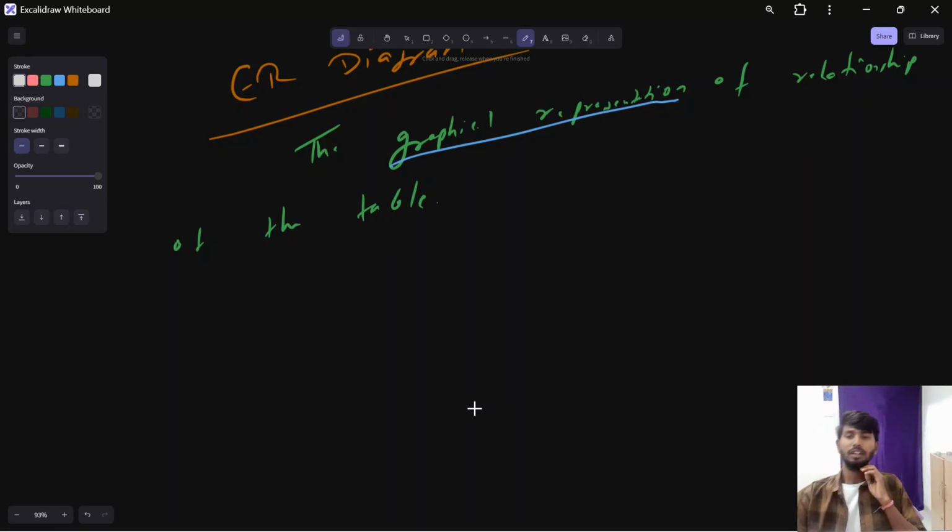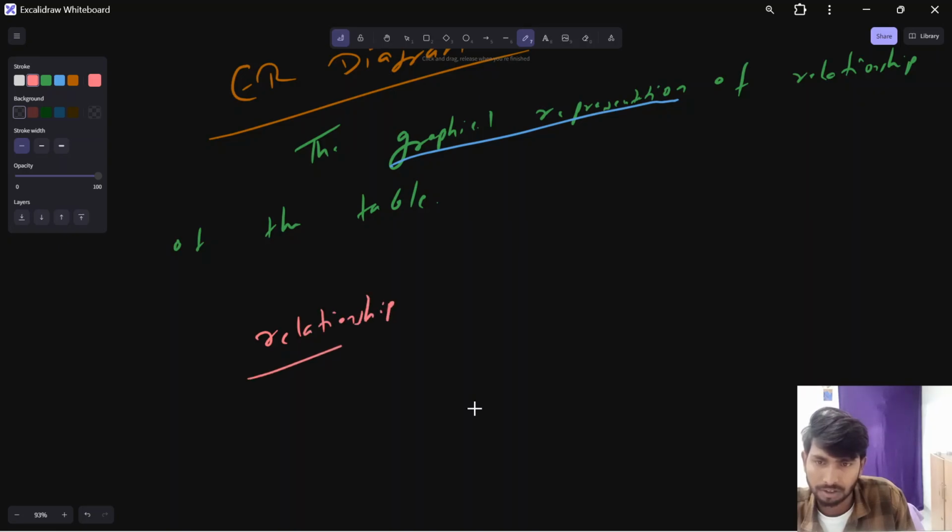Now talk about the relationship. We read in previous lecture, relationship has three types, like one to one, one to many, many to many.